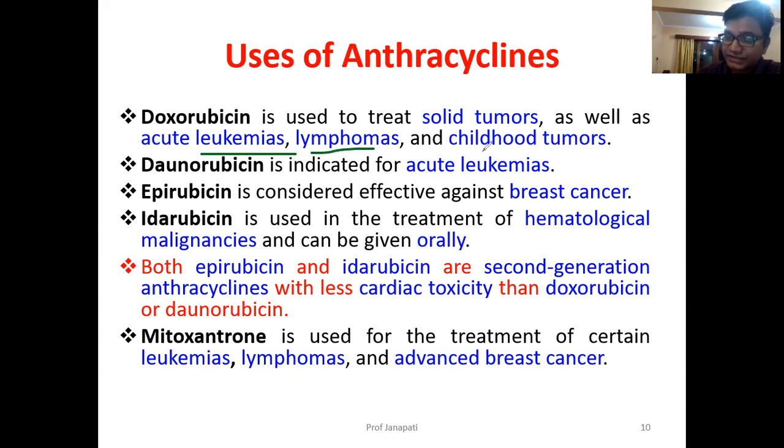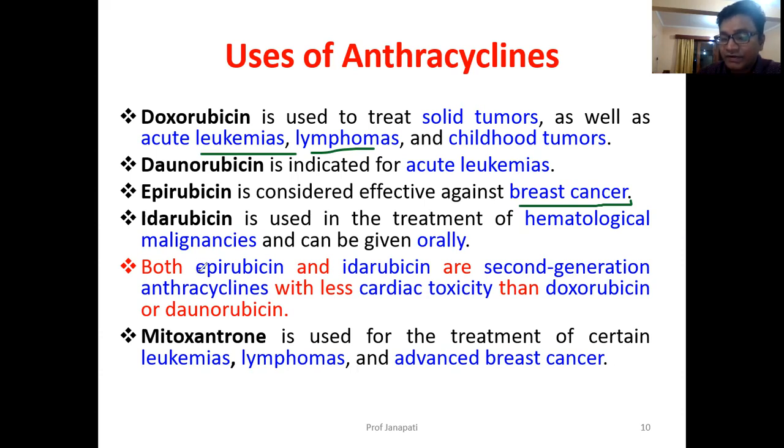Daunorubicin is indicated to treat acute leukemia. Epirubicin, breast cancer. Idarubicin, leukemia, hematological cancers, and it is given by oral route. Remaining drugs are given by IV route of administration.